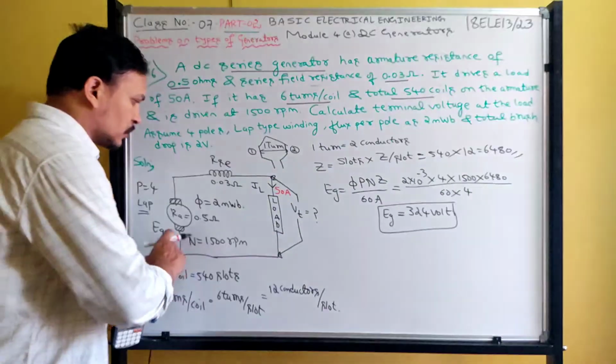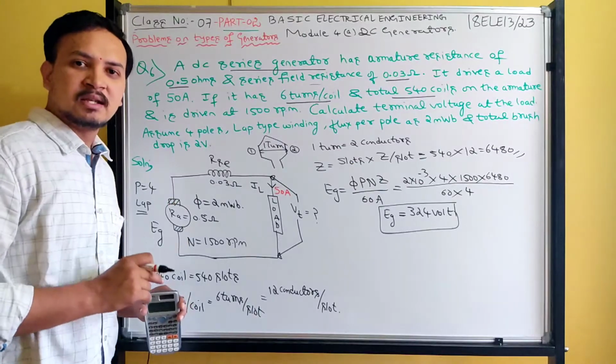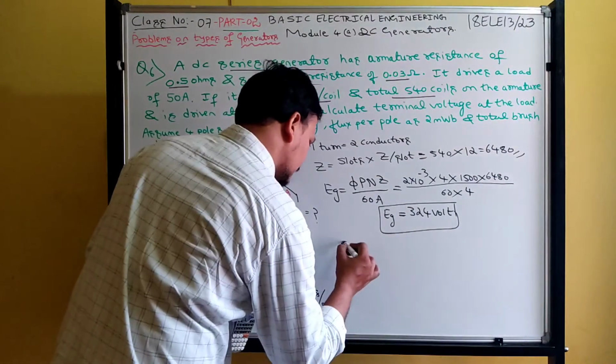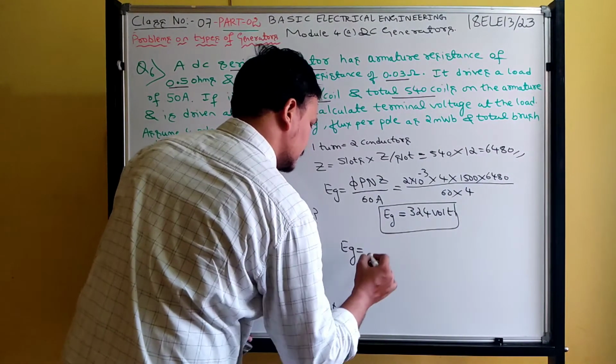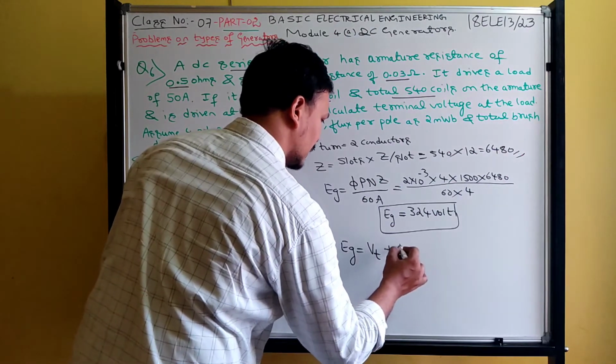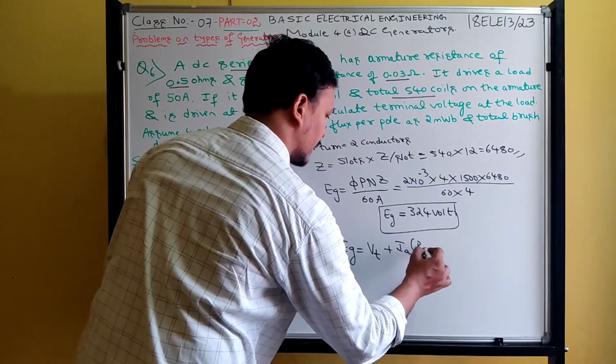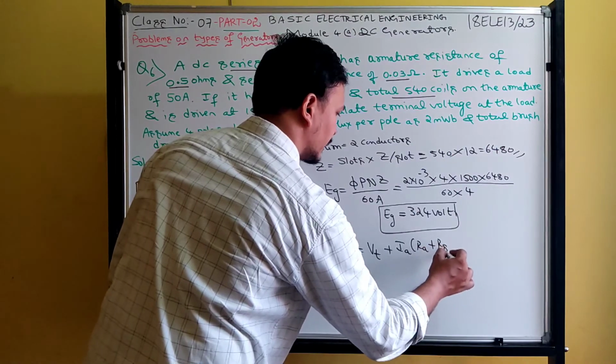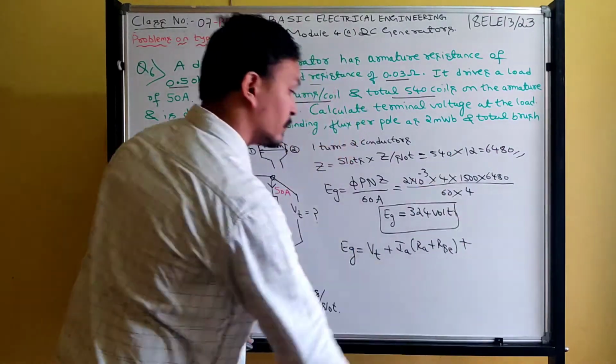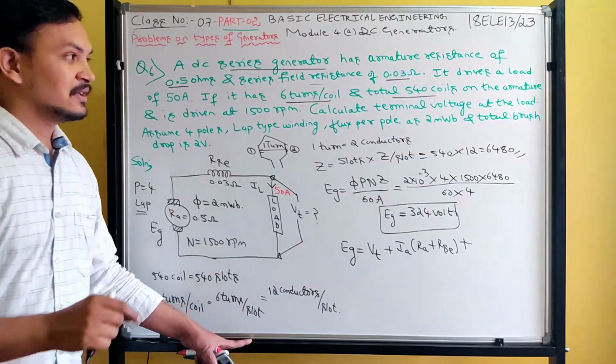Next job is to find the terminal voltage. For that, you should write the voltage relation of the DC series generator: Eg is equal to Vt plus Ia into the bracket Ra plus Rse, plus the brush drop given in the problem.